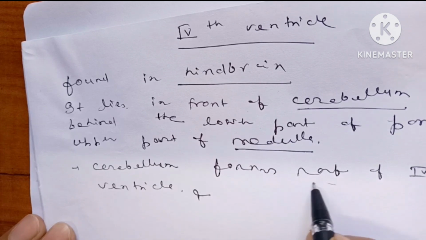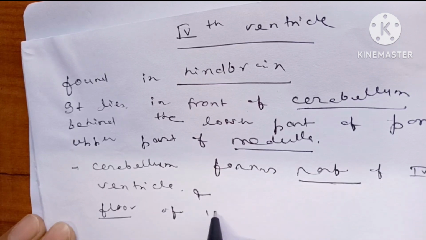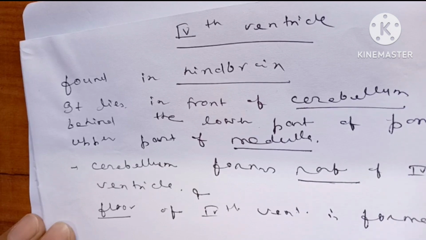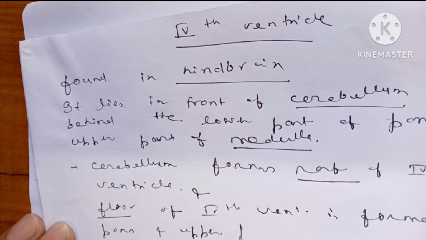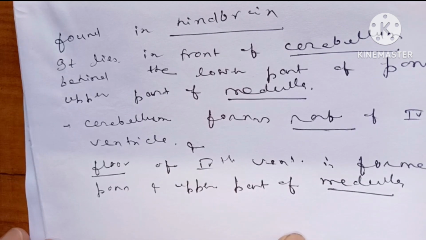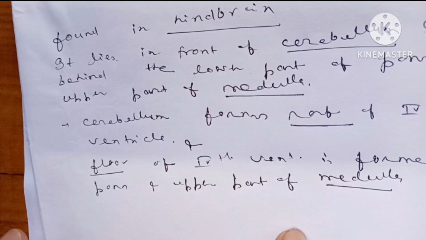And the floor of the fourth ventricle is formed by the pons and the upper part of the medulla. Thus, the fourth ventricle has a roof, a floor and two lateral walls.